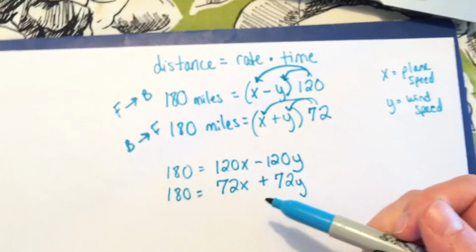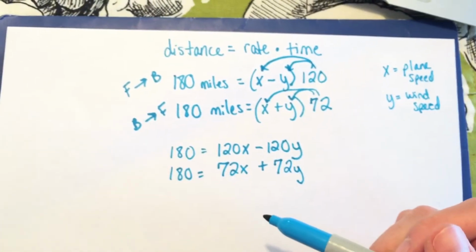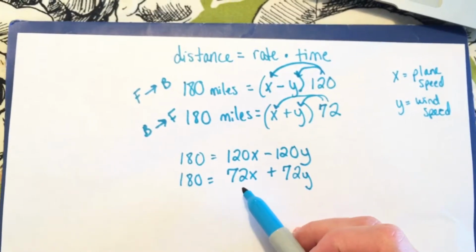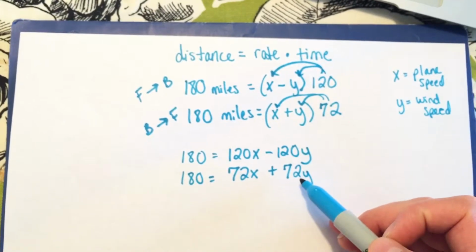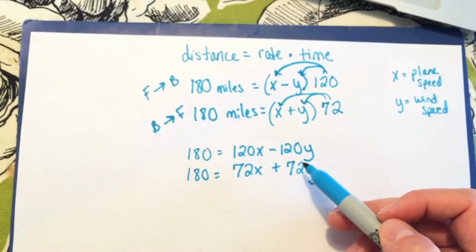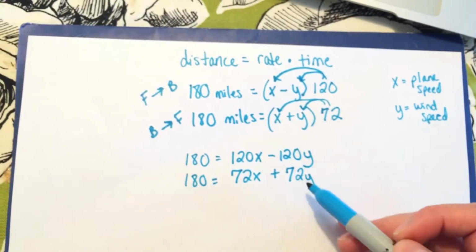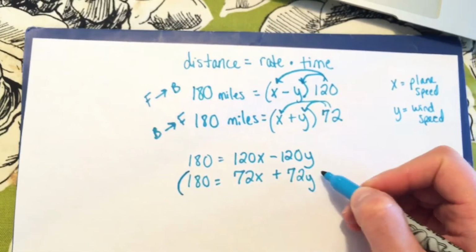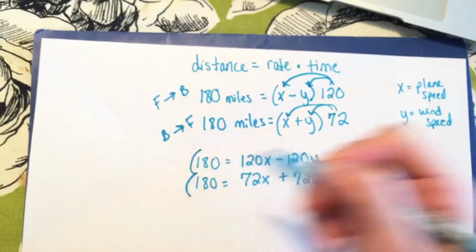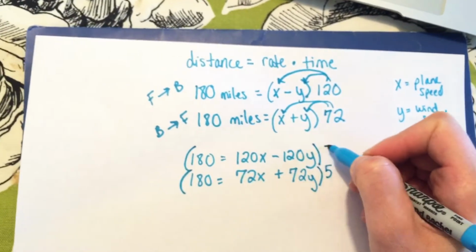Now I'm going to use the method of elimination in order to get rid of these. So I know that 72 times 5 is going to give me 360, and then 120 can also be multiplied times 3 to get 360. So I'm going to cancel my y's here. I'm going to multiply this equation by 5 and that whole equation by 3.